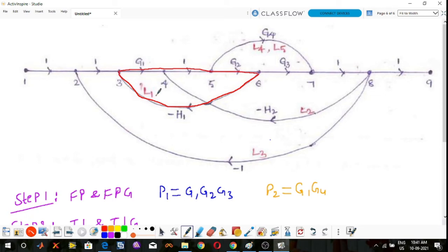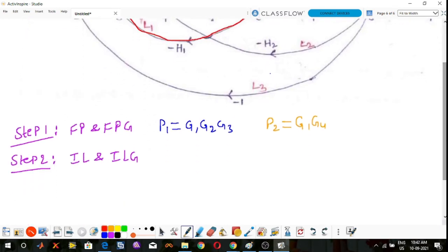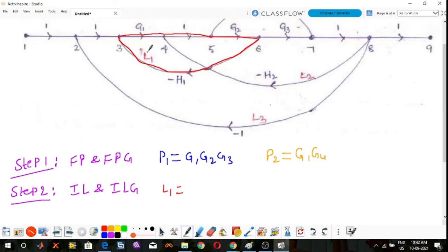That is the first individual loop, loop 1, and its loop gain is denoted as L1, and the individual loop gain is the product of this individual loop's branch transmittances.